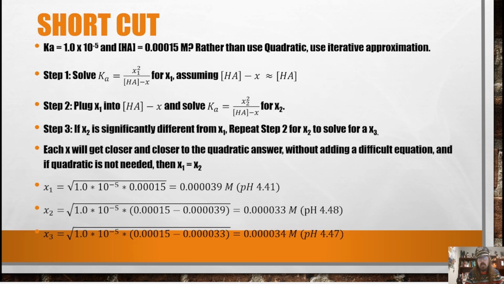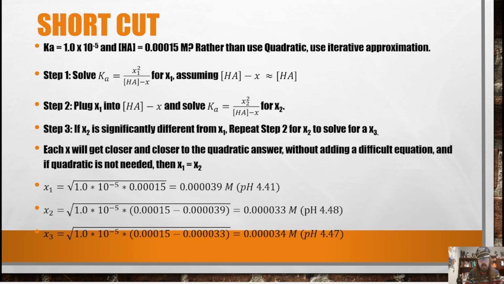Once we solve for our x squared, it's a matter of turning that x squared into an x. So we do it the first time, and we get an x of 3.9 times 10 to the negative fifth. If we take the negative log of that, we get a pH of 4.41. Maybe it's not significant enough to really matter to you, but to some people it may be.